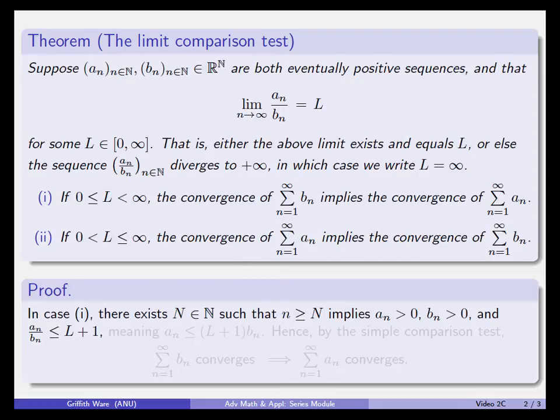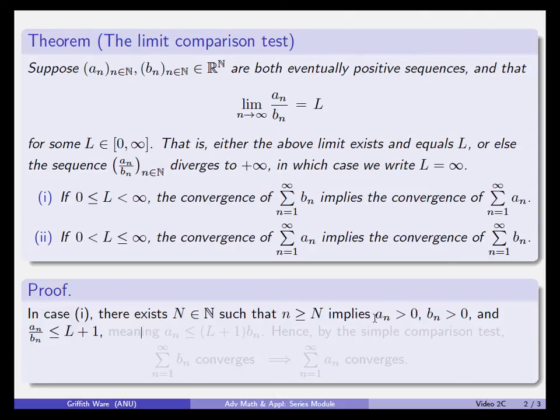In the first case, we know that because this limit is actually a defined real number L, from the definition of the limit, it means that eventually there must be some point capital N beyond which these fractions get, say, within 1 of L. So you could think of this as, in the epsilon comma n definition of the limit existing, we're choosing epsilon equal to 1.